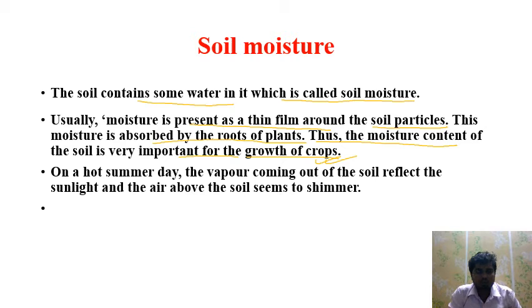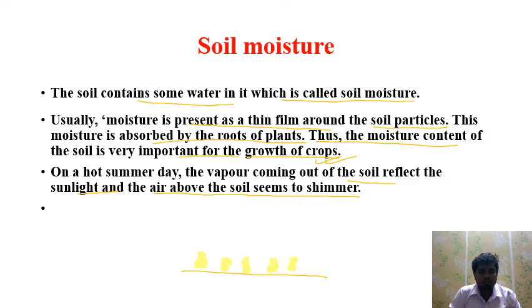On a hot summer day, the vapor coming out of the soil reflects the sunlight, and the air above the soil seems to shimmer. So we have seen in the summer days that there is some kind of vapor coming out from the land. Have you seen such a thing? Yes.